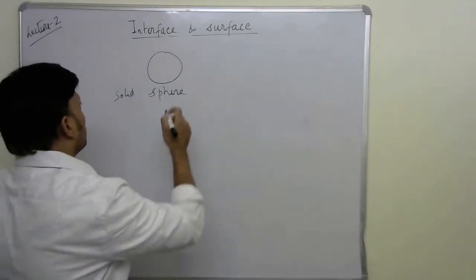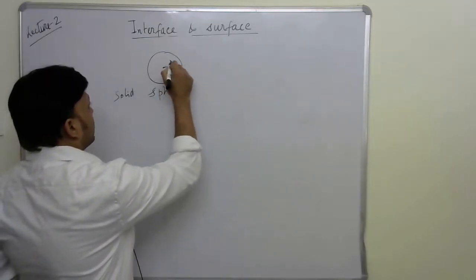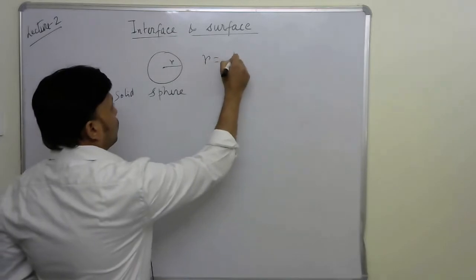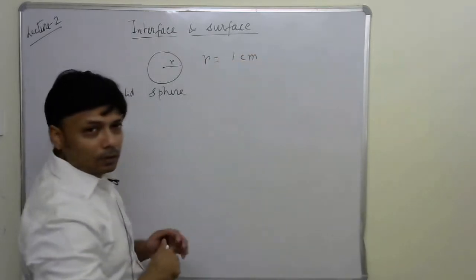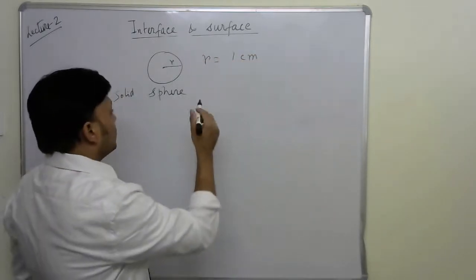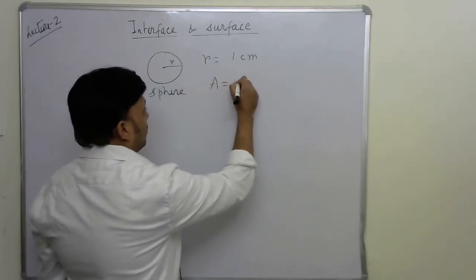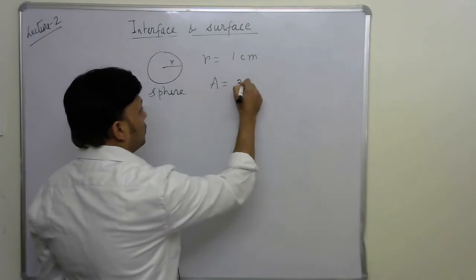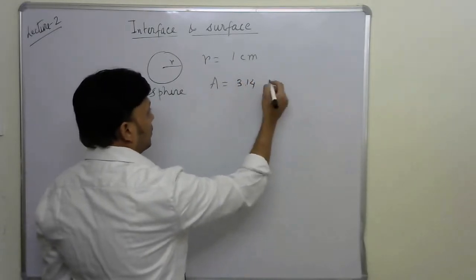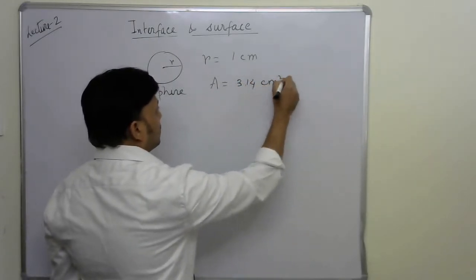Okay, so now the solid sphere has a radius r equal to 1 centimeter. Okay, so the question is the surface area A is 4 pi r squared, so that means 3.14 approximated centimeter square.